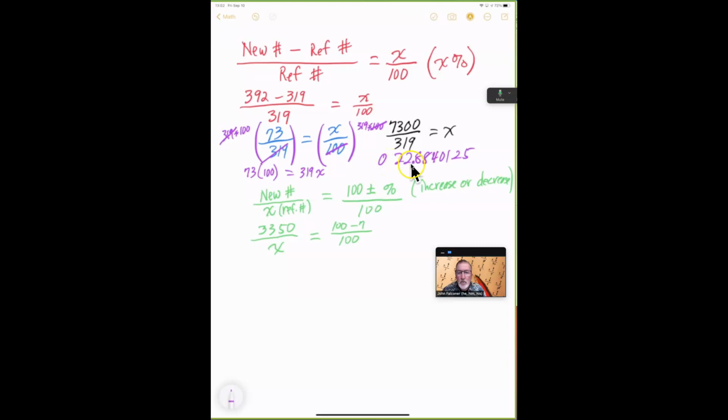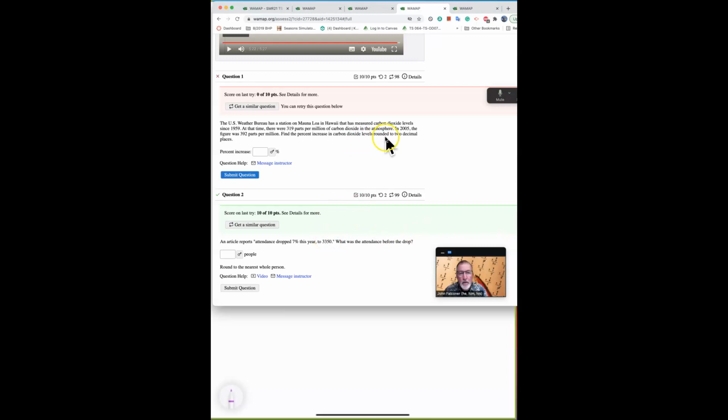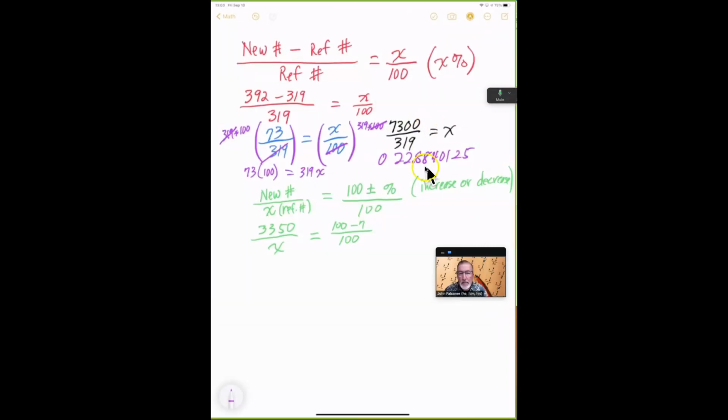So 22.88400125 is the percent. So when we are rounding, rounded to 2 decimal places, that means we're looking at the second decimal place, which is an 8. And the number right next to it is less than 5, so this 8 won't change, but these numbers will all fall away.